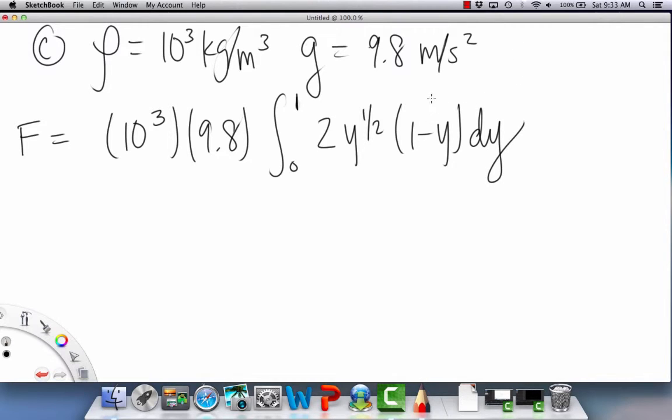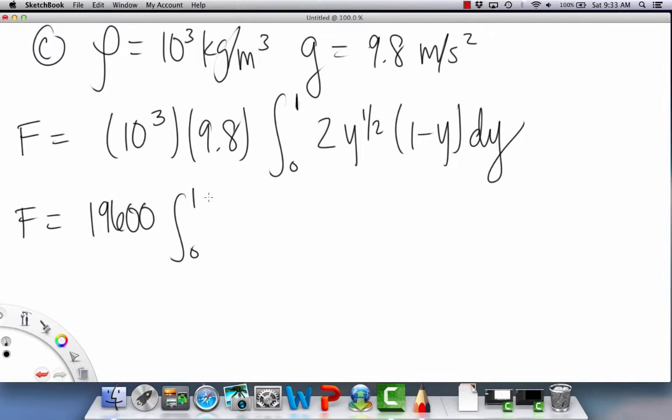Okay, so now we just evaluate the integral. So we have F equals 19,600, that accounts for the 2 outside.